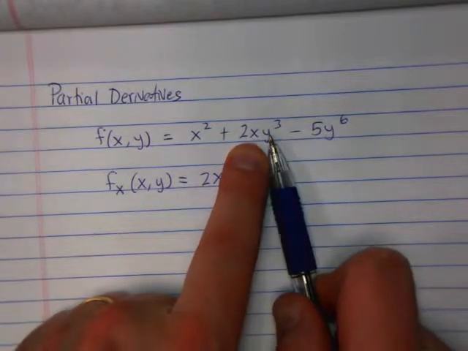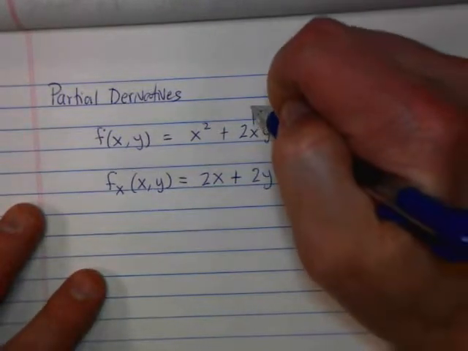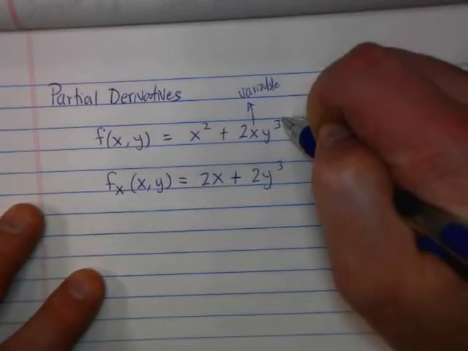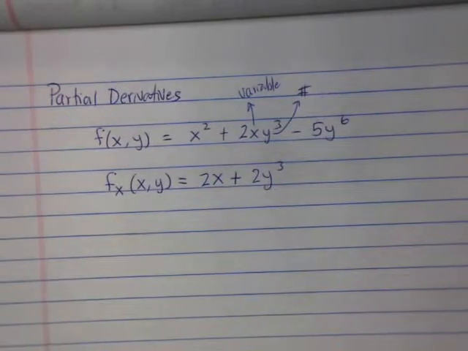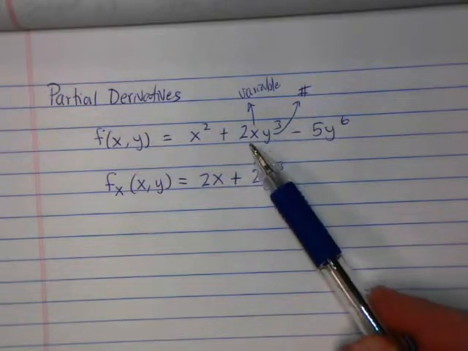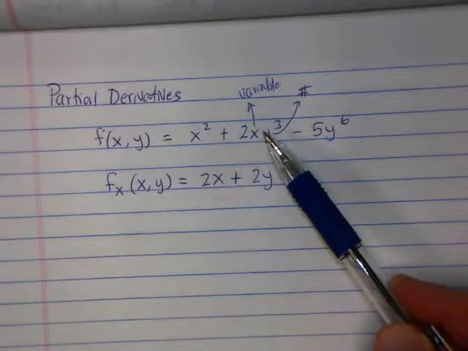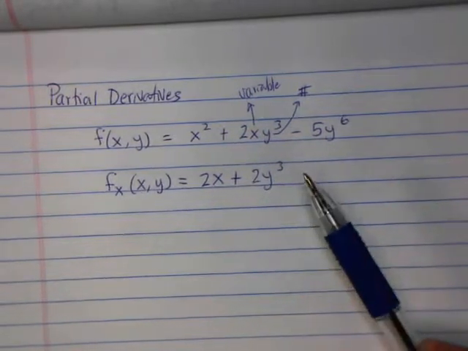But here I'm not doing implicit differentiation. I'm thinking that this x is a variable and this y right here is just a number. All right, I see. So 2x times y cubed is really just x times some number. And so when I take the derivative of x times some number, I get the number. Okay.